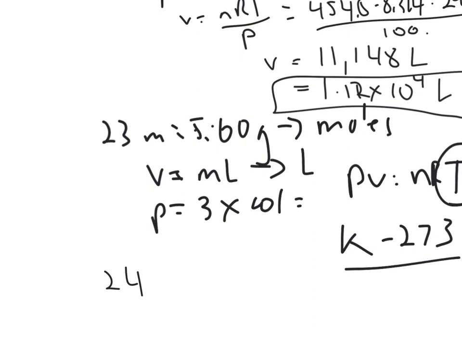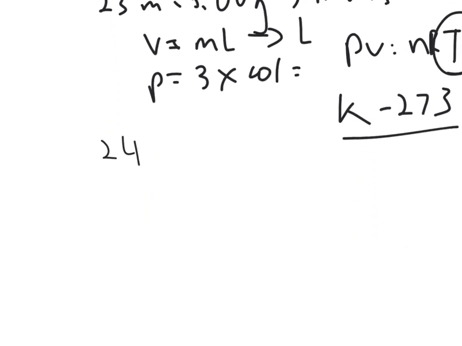25 gives you a volume, a pressure, and a temperature, and then asks you to find the mass. This is slightly different. You're going to use your PV equals nRT. It's asking for a mass, which obviously is not in there, but whenever you're dealing with masses, you can do moles.